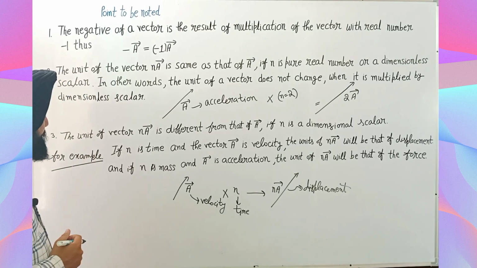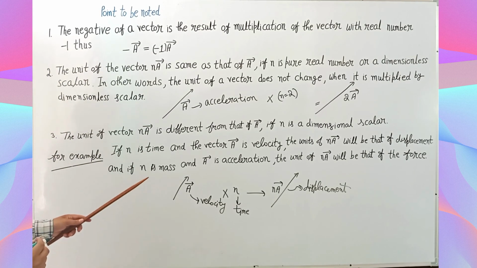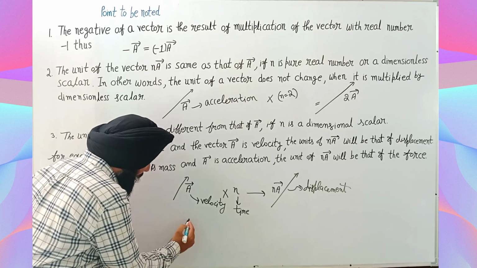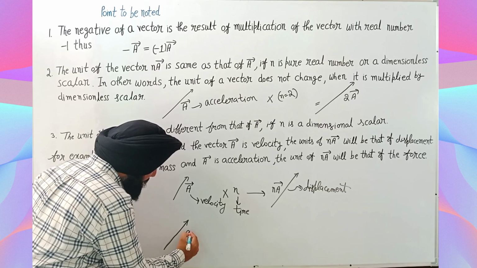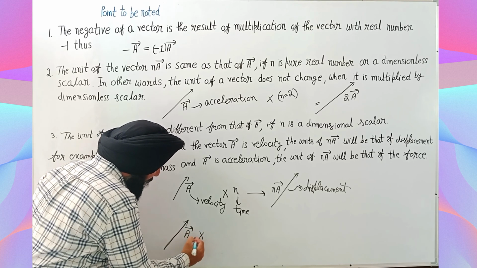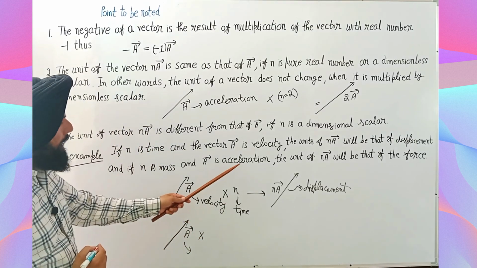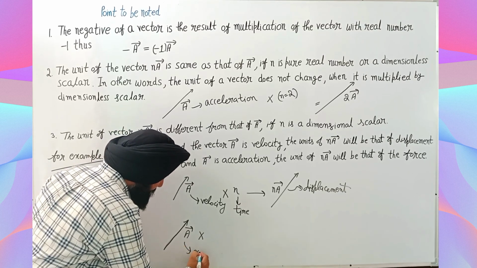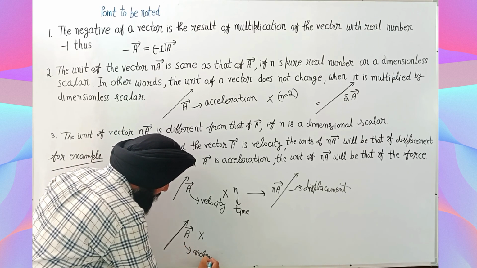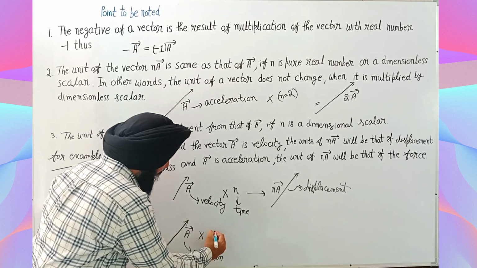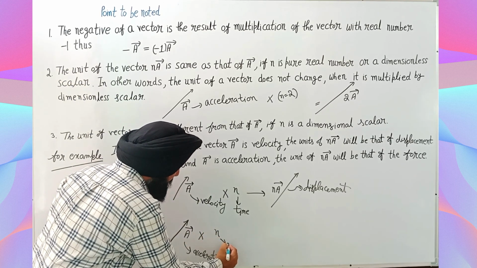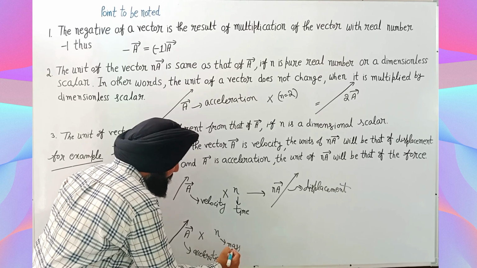Second example, if n is mass, again say I have a vector. A vector represents acceleration. Acceleration multiplied by n, which represents mass.